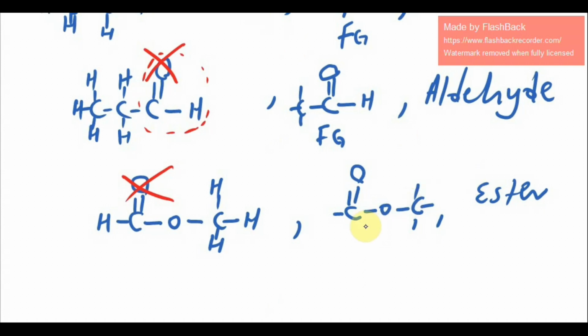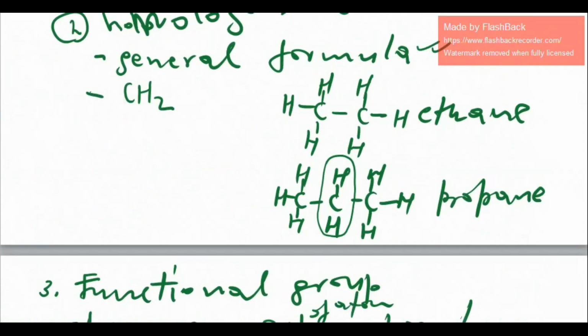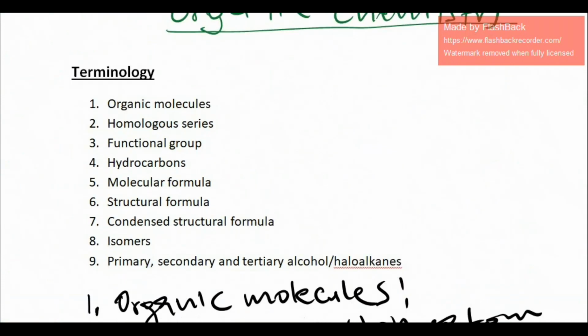What's the next video? We talked about the organic molecule, the homologous series, the functional group, and hydrocarbons, which means on the next video we are going to start with the molecular formula, structural formula, and a condensed structural formula.